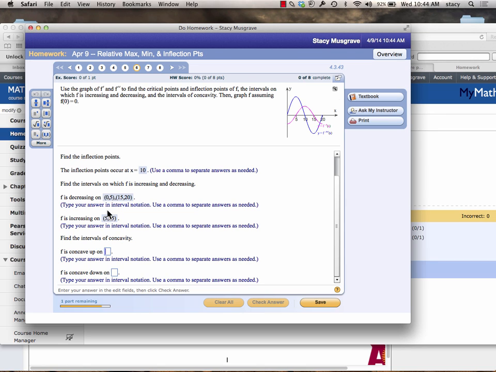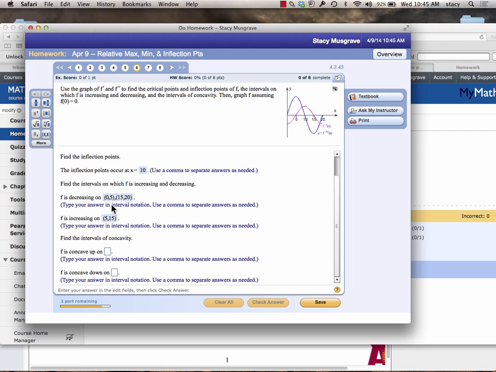So, I have had people ask me, why do we use open interval notation instead of closed interval notation? Have you thought about it? Why do we do that? I got this question wrong because I entered it wrong. I put 0 is less than x less than 5, and that's not interval notation.